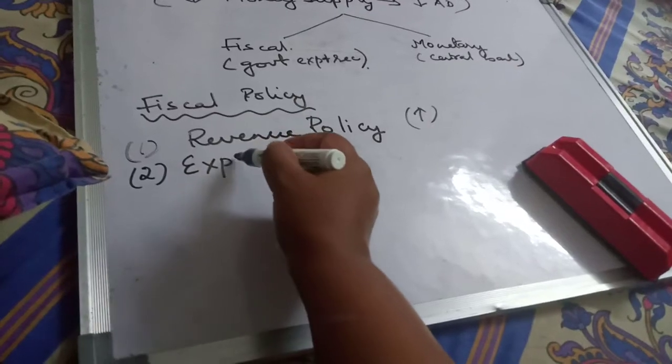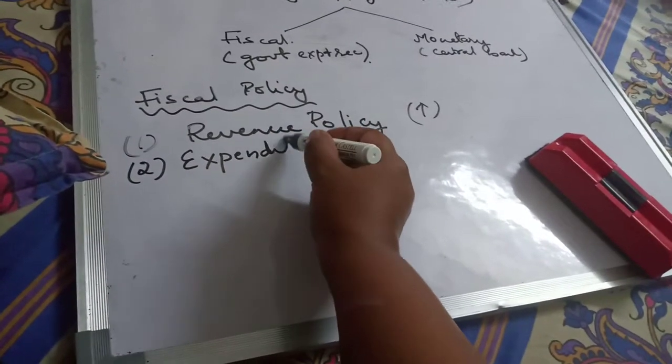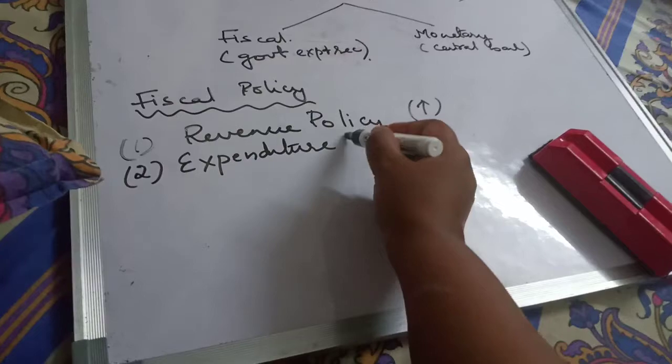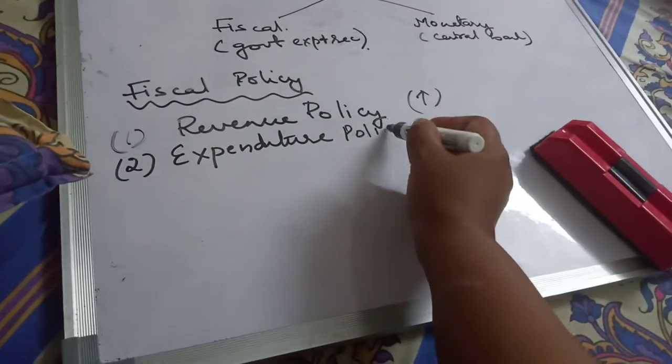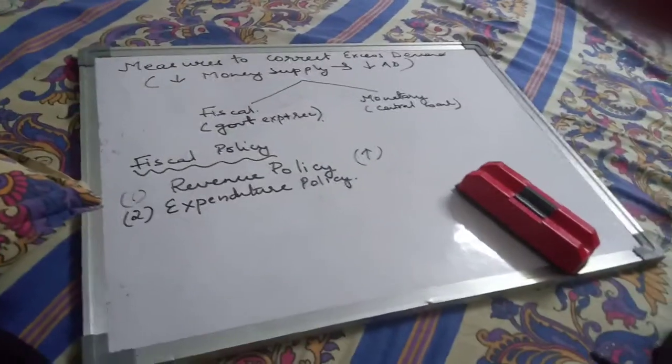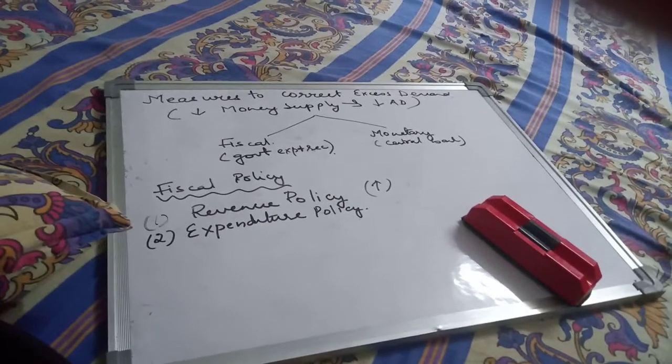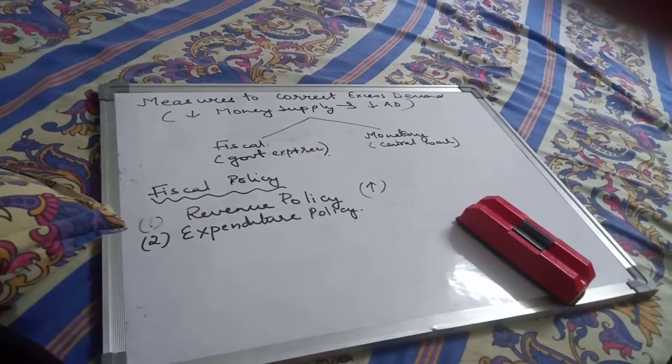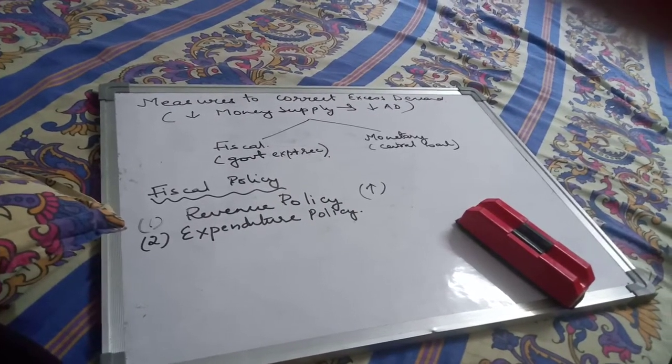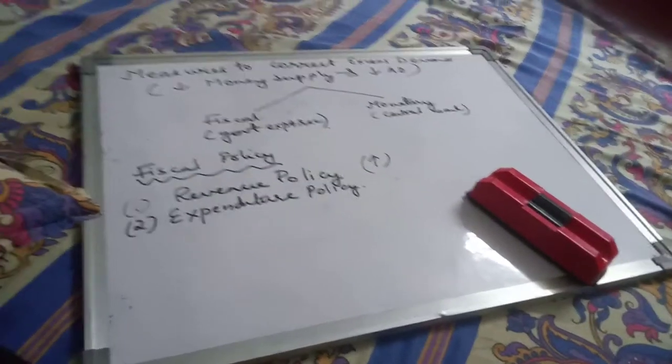The second policy under fiscal policy is the expenditure policy. What is expenditure? Government's expenditure on various purposes like building roads, public works, all that.